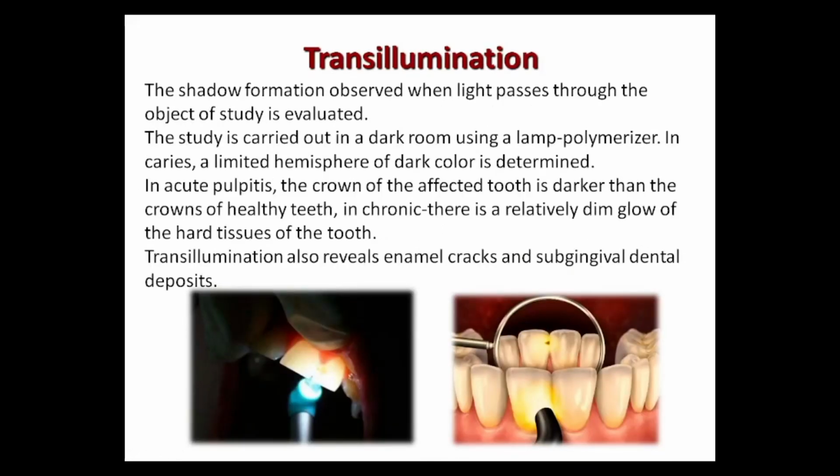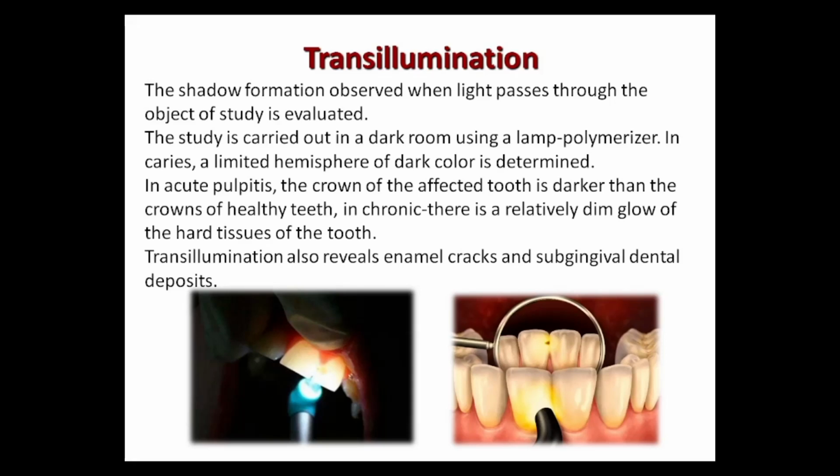And a similar method, which is called trans-illumination. Next additional method is trans-illumination. The shadow formation observed when light passes through the object of study is evaluated. This study is carried out in dark room using a lamp polymerizer. In caries, a limited hemisphere of dark color is determined.